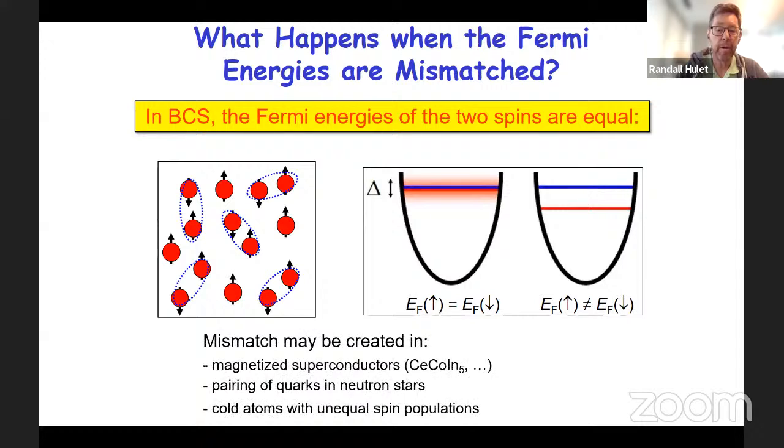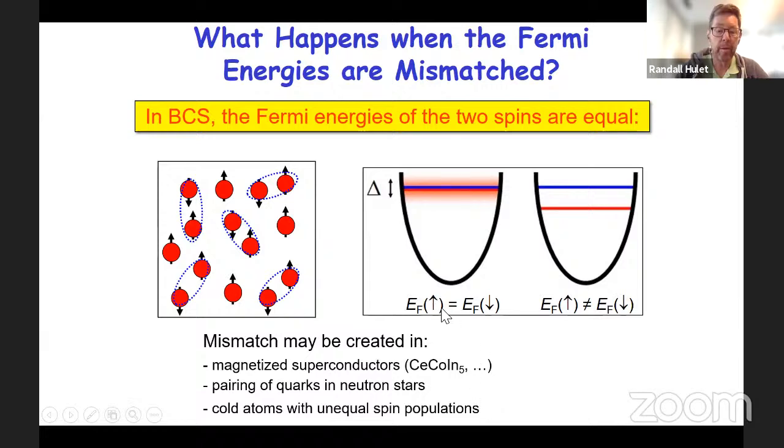This mismatch can be created, as I mentioned, by magnetizing the superconductor in some way. People have also noted it can occur in neutron stars, from the quark matter presumed to exist inside them. And using cold atoms, we can very readily realize this situation because there are no effective magnetic fields that would produce a Meissner effect in a cold atom system.